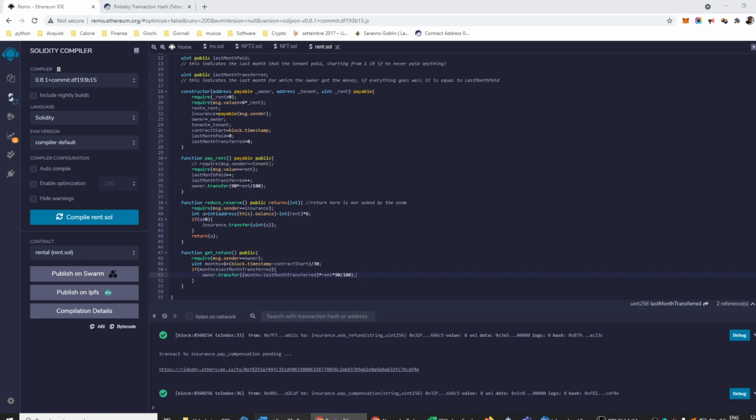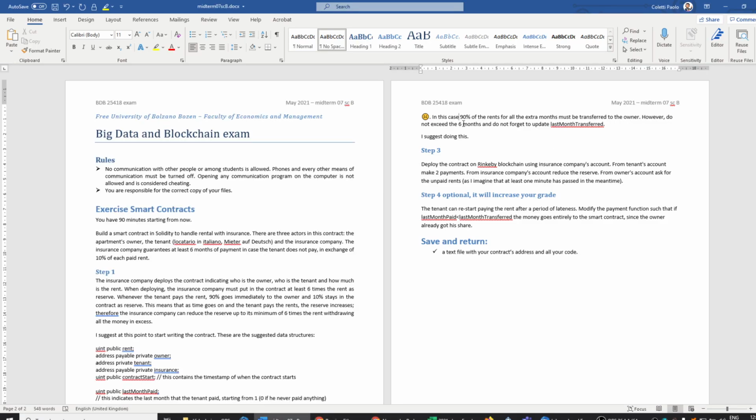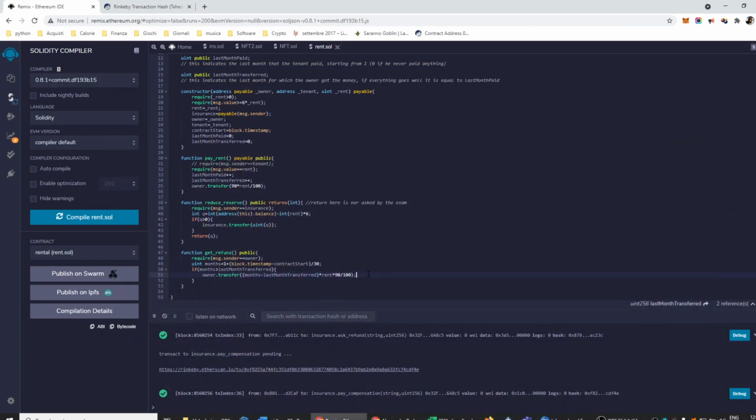Pay attention, however, do not exceed 6 months, because the insurance covers only 6 months. And do not forget to update last month transferred. So, uint months due equal to this amount here.